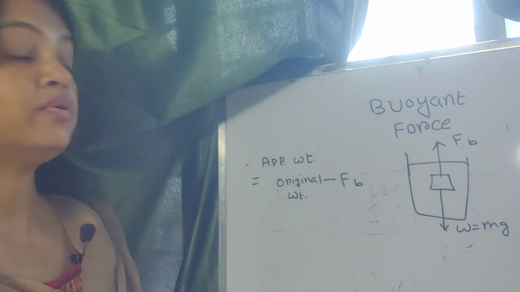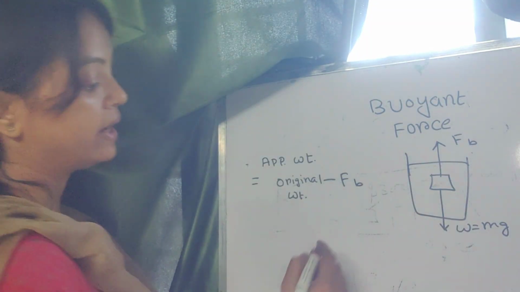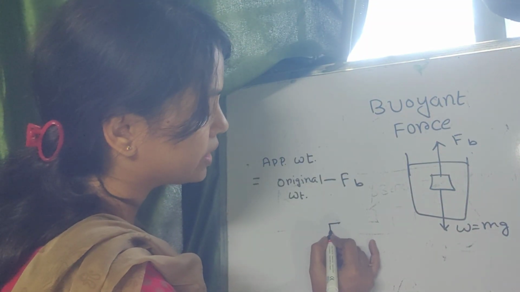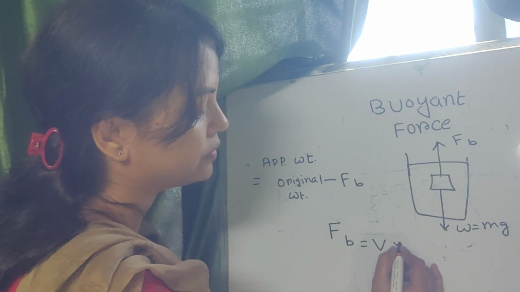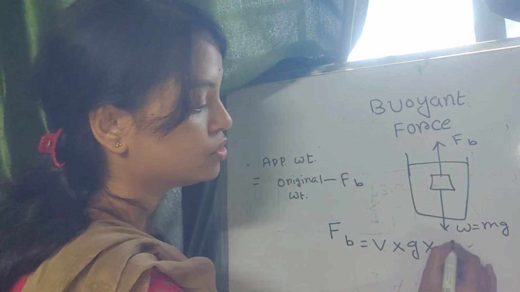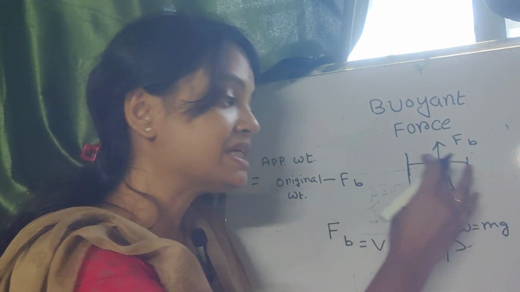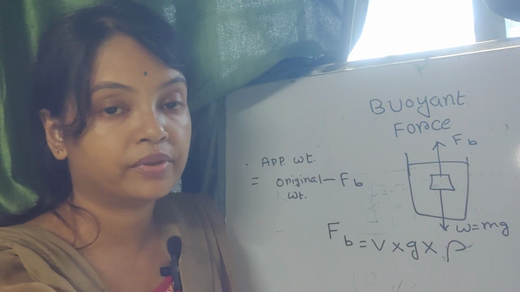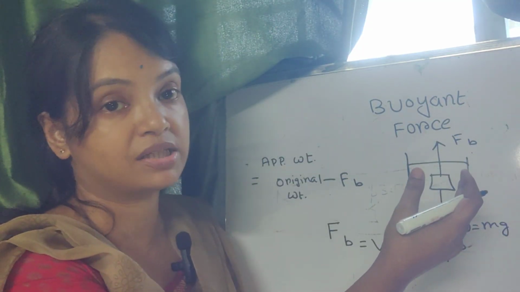Now, how can we measure the buoyant force? We can write the buoyant force FB is equal to V into G into rho. Whenever the object is dipped in the water, it always pushes or displaces some water.